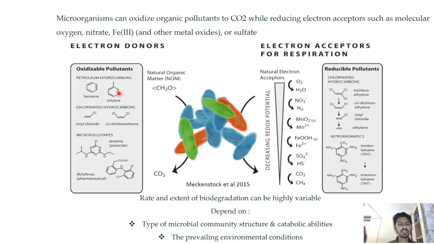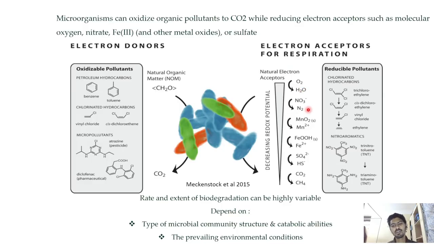First, the microorganism will oxidize these oxidizable pollutants into CO2. Meanwhile, they release electrons, which help convert oxygen into water in the case of aerobic respiration.